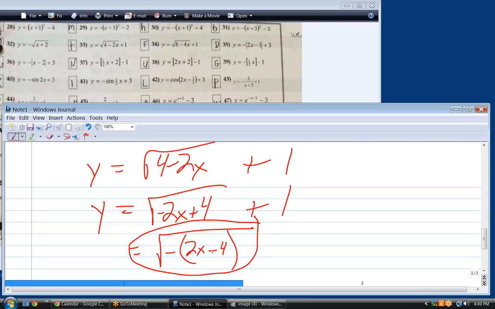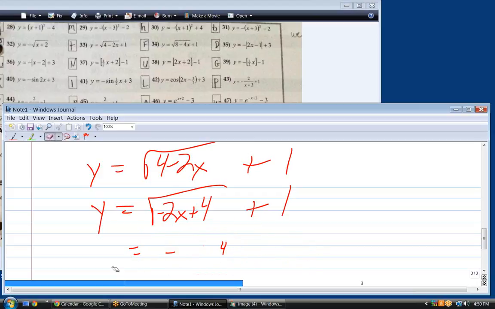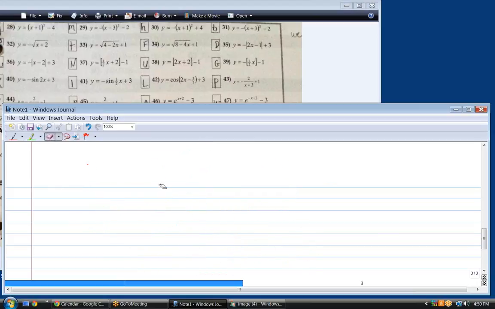So this isn't that easy. This is actually a little tough. And then, of course, the plus 1 is just a vertical shift up 1. Okay. All right, let's go to a different function. Let's go to the absolute value function.